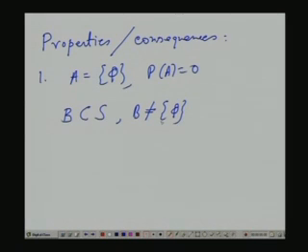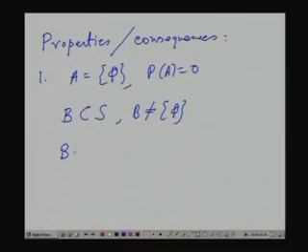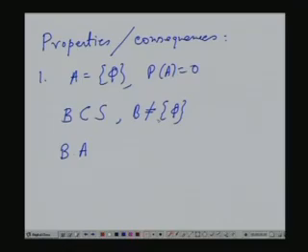That is, I take any non-empty subset, which is given to be an event, a valid event, call it B. Then obviously, B and A, what is the intersection? Phi only. A is phi, empty set, and B is any non-empty subset. So, their intersection is phi.